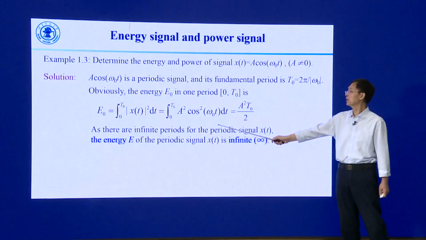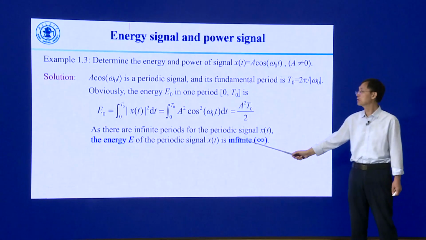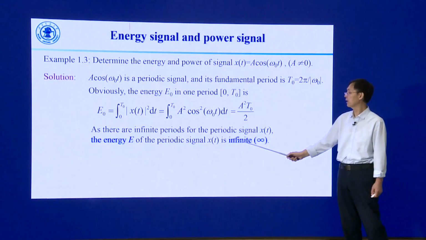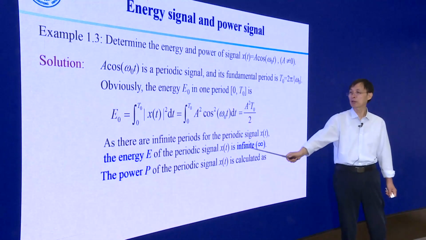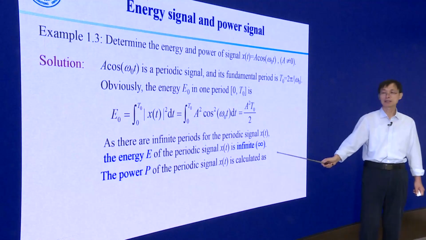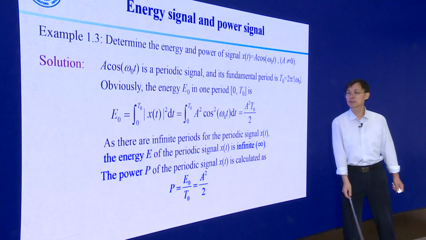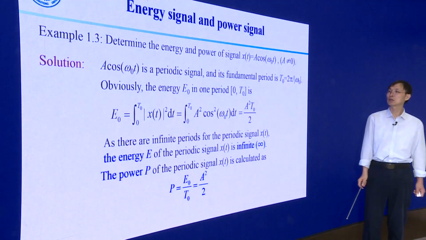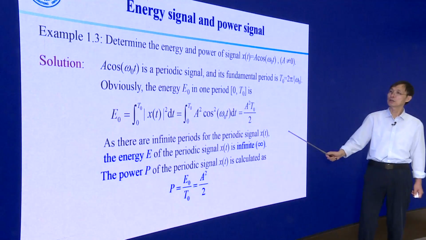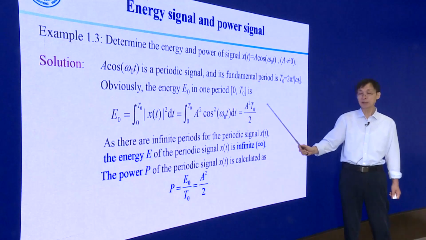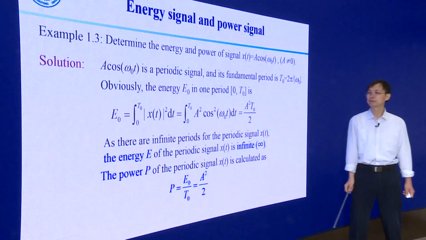As there are infinite periods for this periodic signal, the energy E of the periodic signal x of t is infinite. The power P of the periodic signal x of t is calculated as in this value. So the signal is a power signal. Its energy is infinite, and its power is finite.